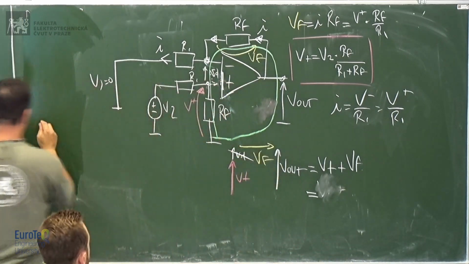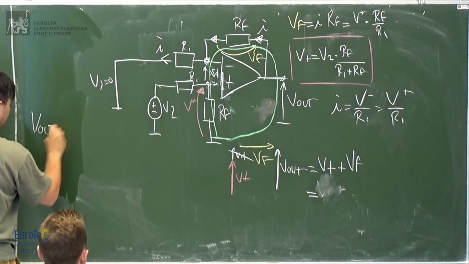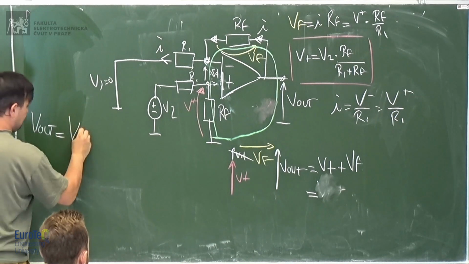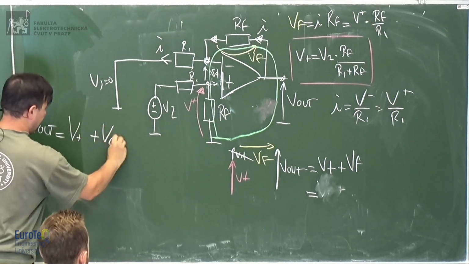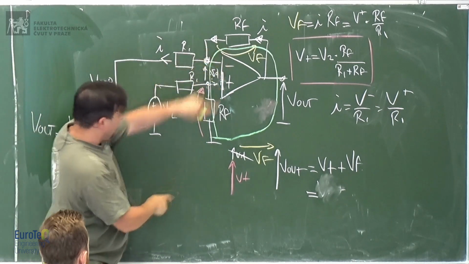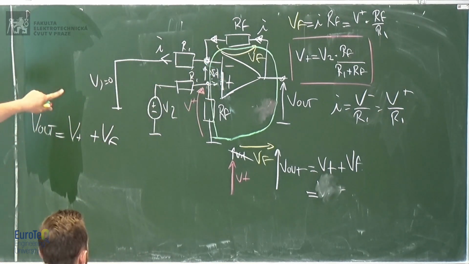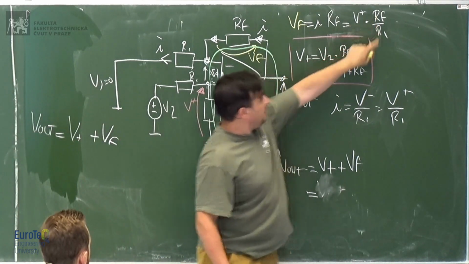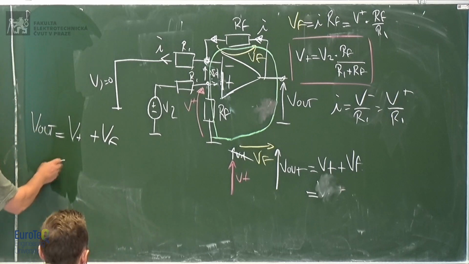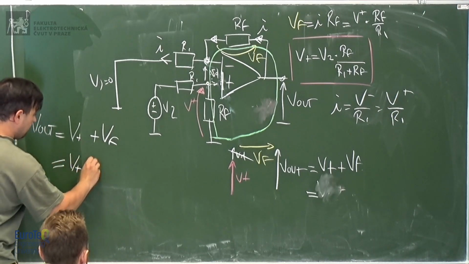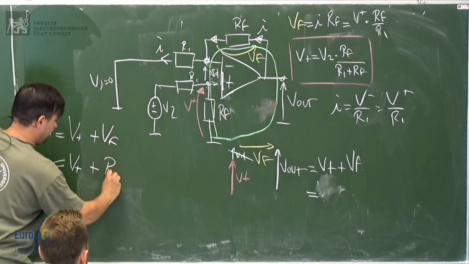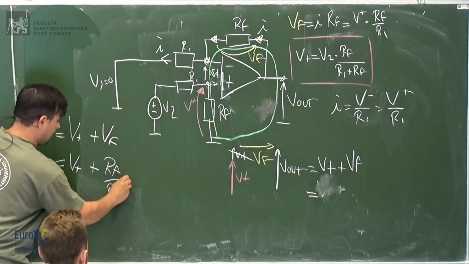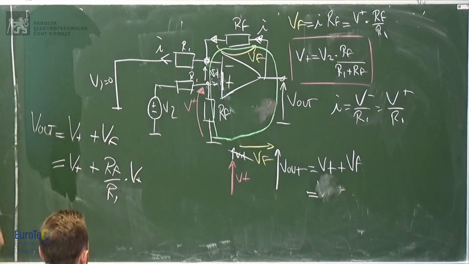So V out is equal to what? V plus, this voltage, plus VF. But we know that VF is equal to V plus times RF divided by R1. So it's V plus plus RF divided by R1 times V plus.